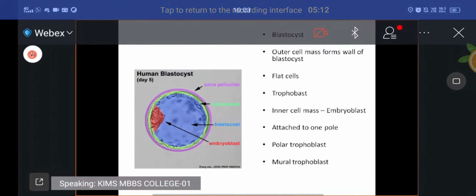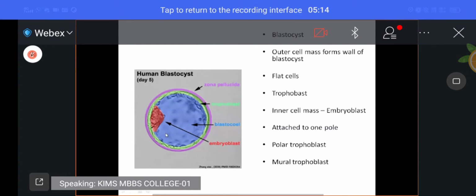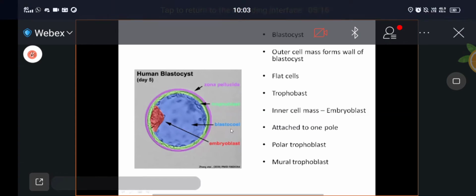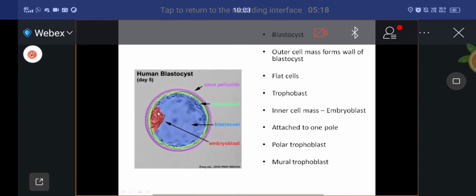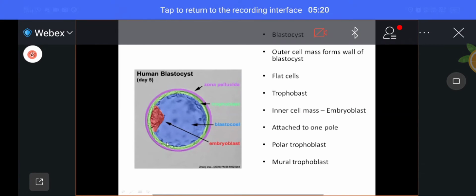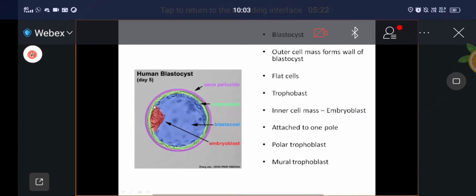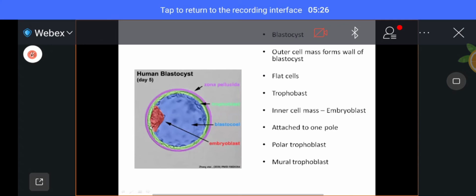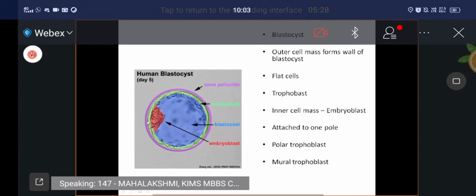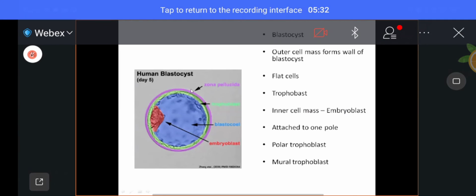First, before saying the fate, the trophoblast is divided and given names according to the areas where it is situated. The trophoblast cells near the embryoblast end are called polar trophoblast, and the remaining ones are called mural trophoblast.